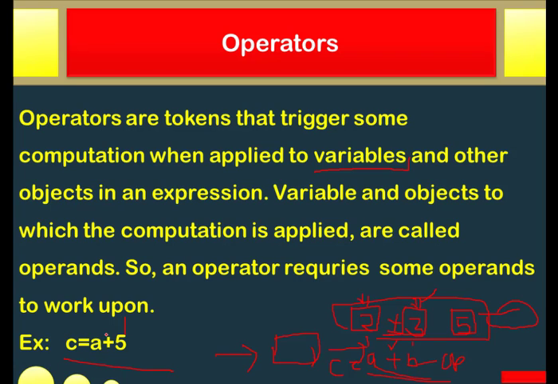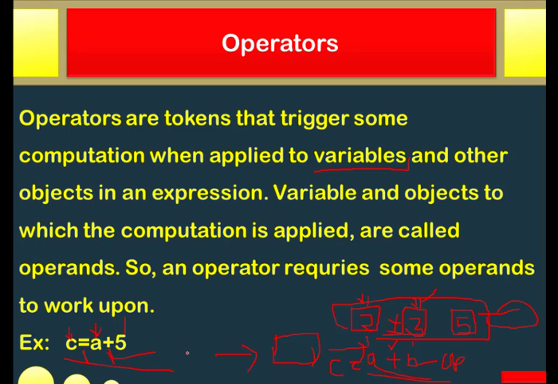This is also an operand. Here it's only a direct number, no variable, and this is a variable. So these we call operands. And this one is an operator, and this is also an operator: the assignment operator and the addition operator.